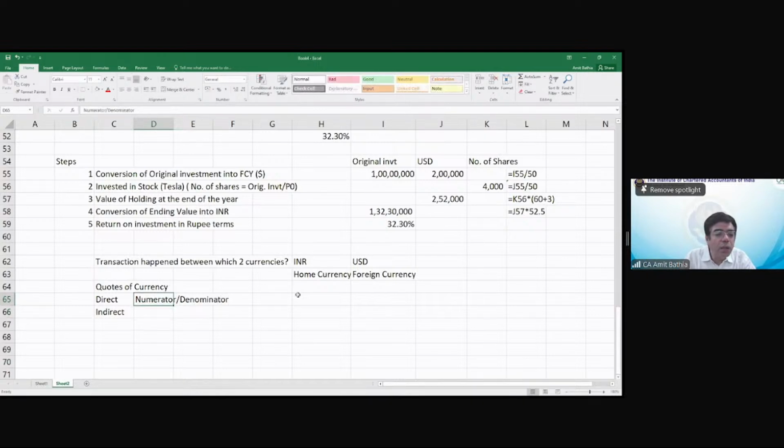Are we all comfortable with this concept of numerator upon denominator? In mathematics, you have numerator upon denominator, right? Yes, sir. So when the currency was expressed over here as equal to 50 rupees per dollar, was it 50 upon 1? Yes or no? So 50 rupees, because it was $1 is equal to rupees 50, am I right?